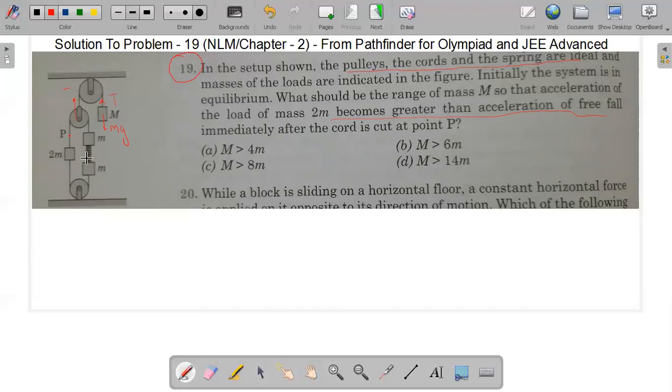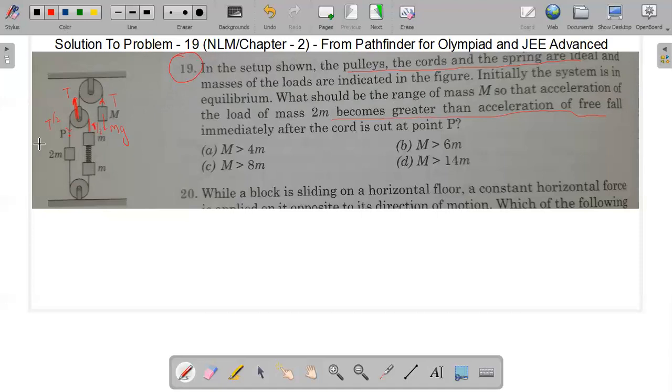In the case of an ideal pulley, if the tension in the central part is T, the tension in the part which supports that pulley is T, then the side tensions are half of that value. So these tensions will be T by 2 on this side and T by 2 on the other side.